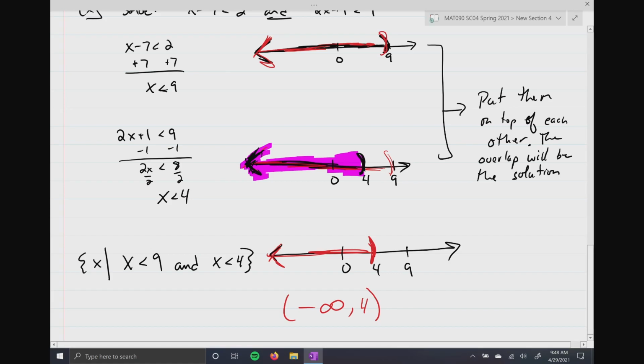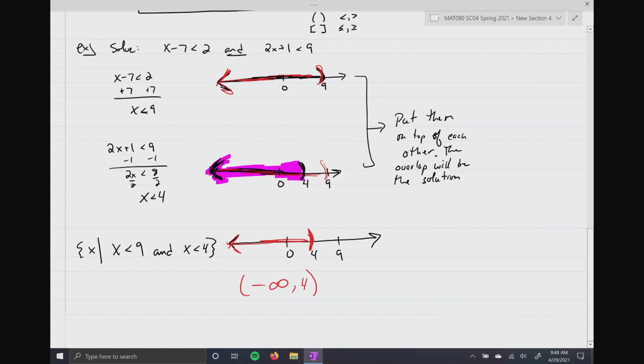All right? So here we go. Here's my check. 0 minus 7 is less than 2. So you ask yourself a question. Is negative 7 less than 2, yes or no? Yes. Perfect. So I put a check mark.